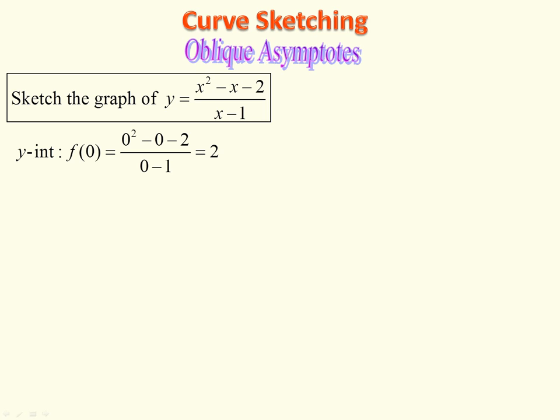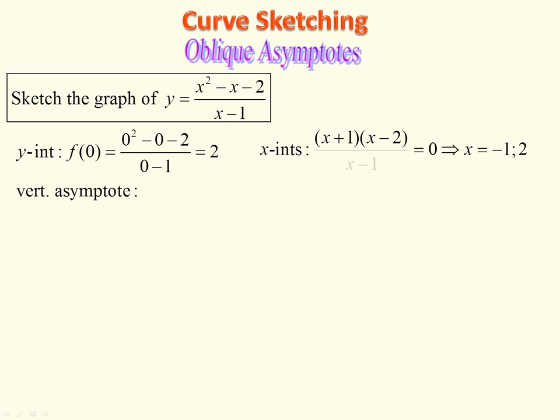Y-intercept 2. X-intercept, just remember, if you've got a fraction and you want it to be 0, the important thing is the top line. And for that to be 0, x is negative 1 or 2. Vertical asymptote.